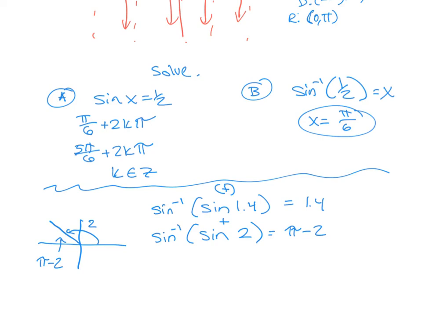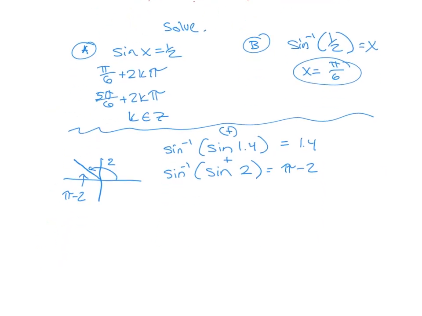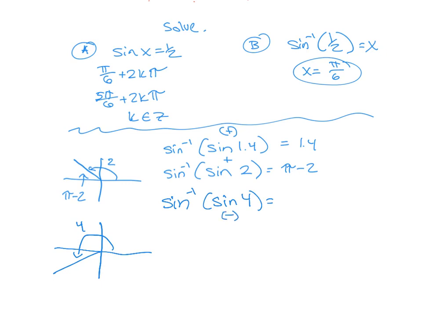Let's try another, still sticking with this same theme here. What if I said inverse sine of 4? All right, well, let's see where 4 is. 4 is greater than pi, so we're going to be in quadrant 3. So this would be 4. So I know when we're in quadrant 3, the ratio is going to be negative.